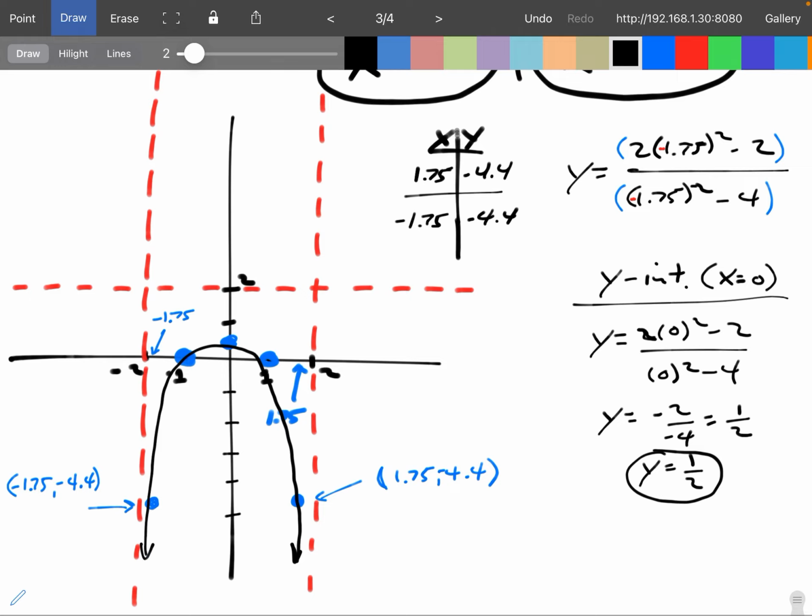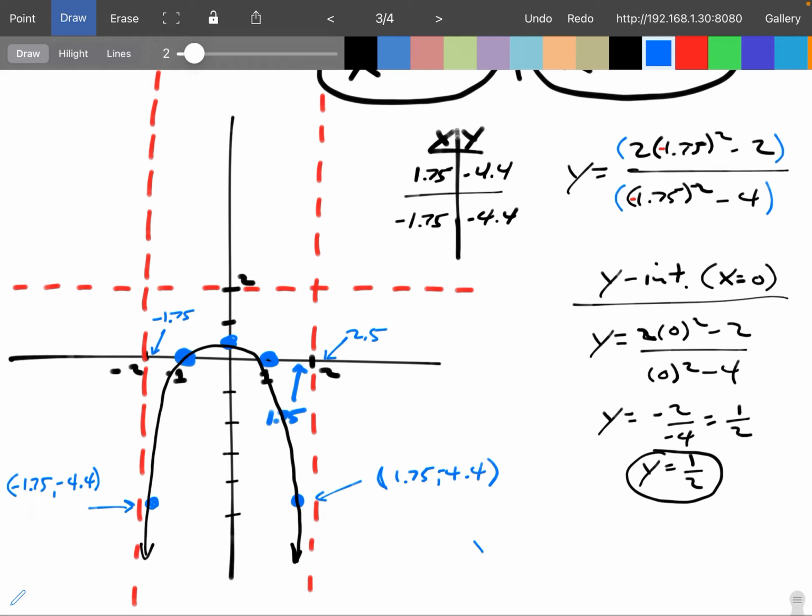All right, so then I'm going to pick a point just to the right of my vertical asymptote. So I'm going to put in maybe like right here. Let's just put in like 2.5 or something like that. So I'm going to put 2.5 into my original function.